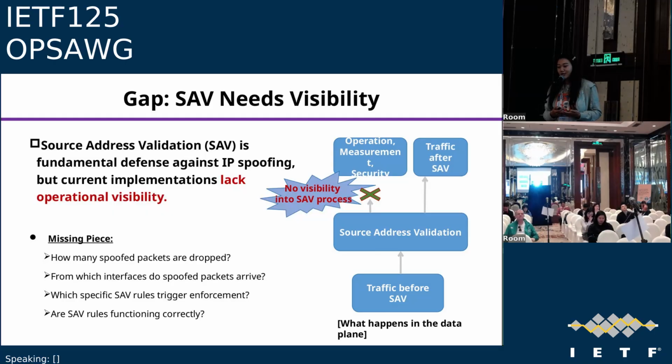But in the data plane, what happened is often hidden from the operators. That in turn makes the operators reluctant to deploy SAV to protect their networks from source address spoofing attacks.